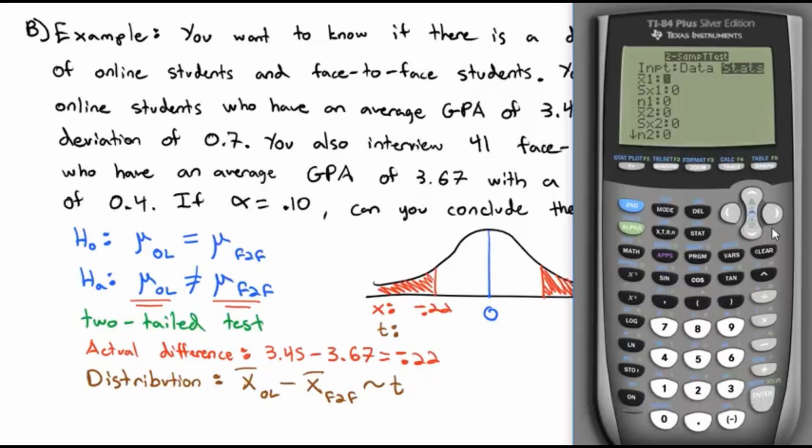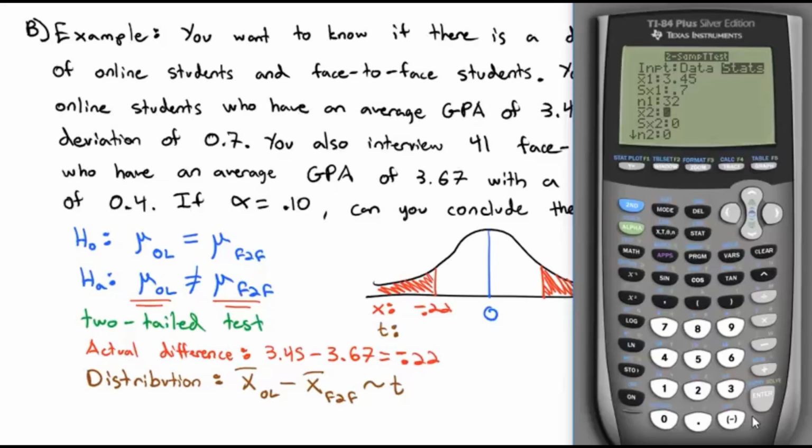Make sure Stats is highlighted because that's what we have. Our first group, the online students, we said the online students have an average GPA of 3.45 with a standard deviation of 0.7. And we said that there are 32 of them.